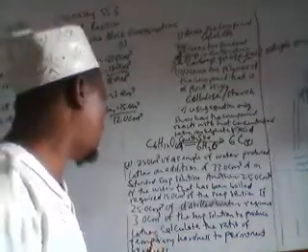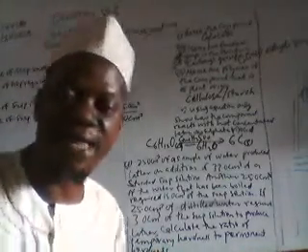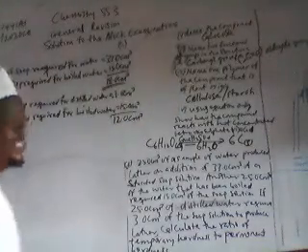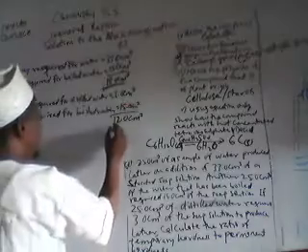So you are now required to calculate the ratio of temporary hardness to permanent hardness. Temporary hardness is 18.0 cm3. That is the degree. The degree of permanent hardness is 12.0 cm3.